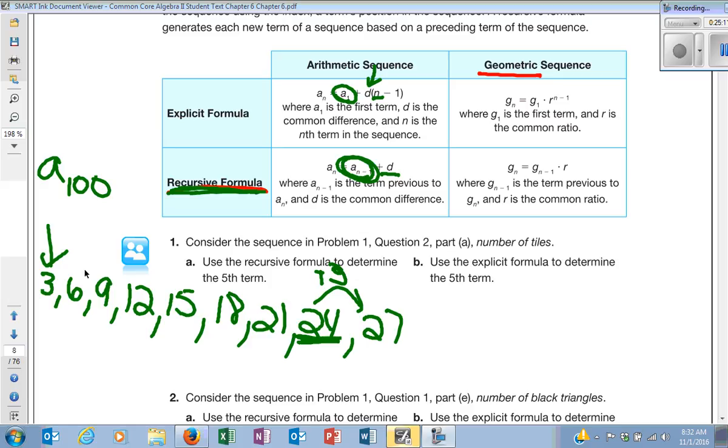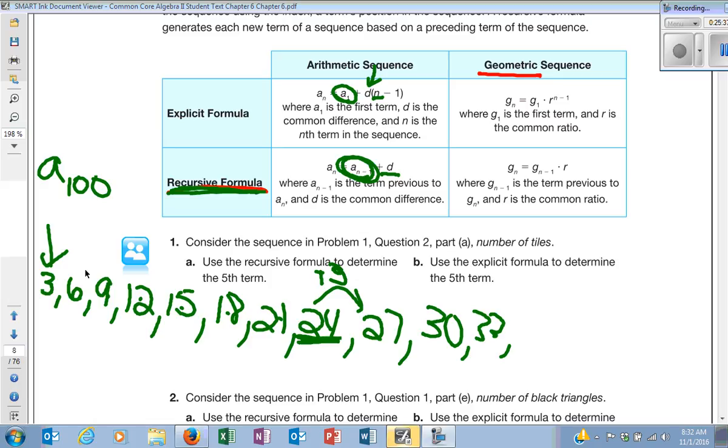Why does that suck? Because you have to take this and do what? Add 3. Add 3. And you have to keep going until you get to the 99th one, and then you can finally add your final 3, and now you've got the 100th. Do you want to keep doing this, adding 3 100 times? Which one's going to be faster?